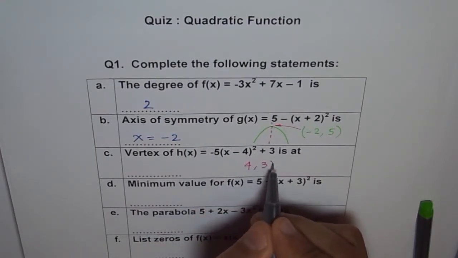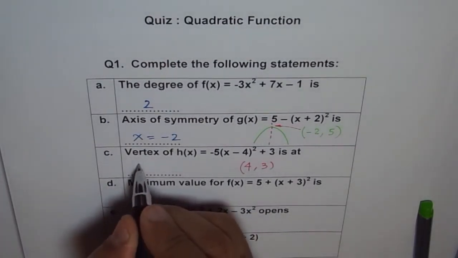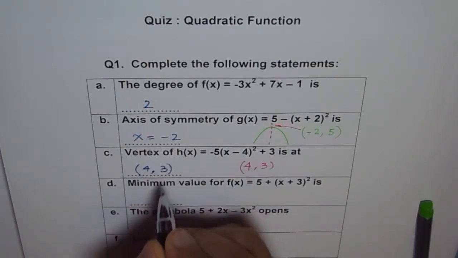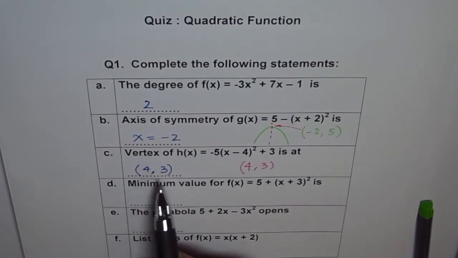So the vertex is 4 and 3, correct? So we'll write our answer as the coordinate 4 and 3. First you have to write always the x value and then the y value, correct? So the x value vertex is at x equals to 4 and its value is 3, correct?